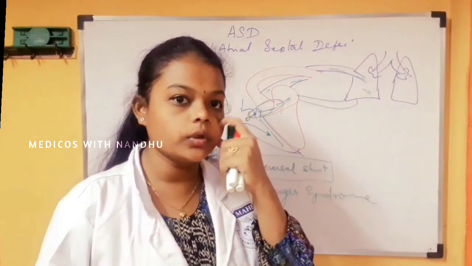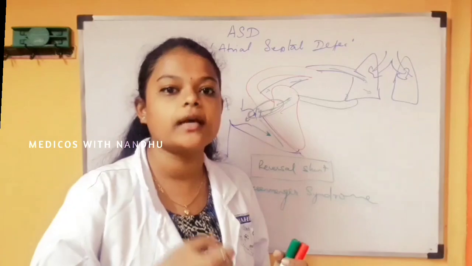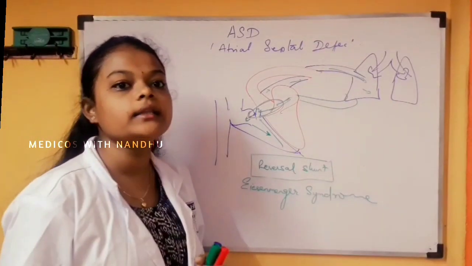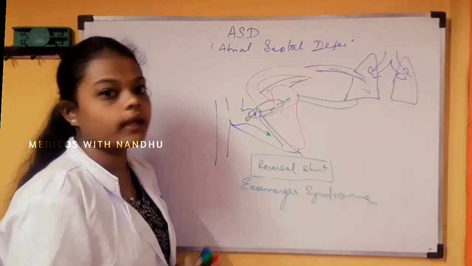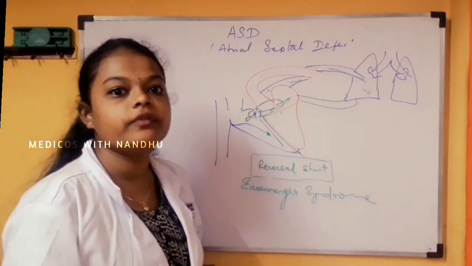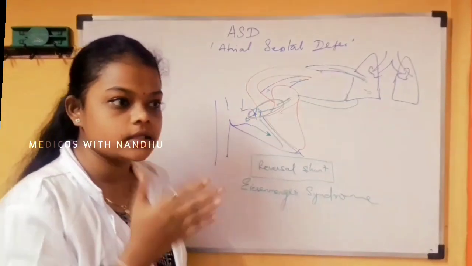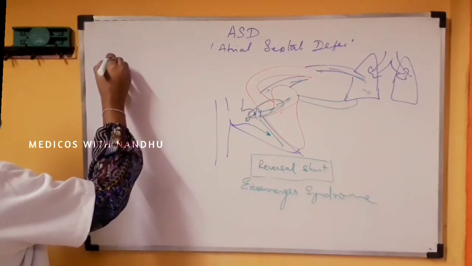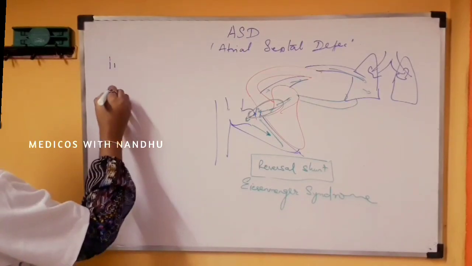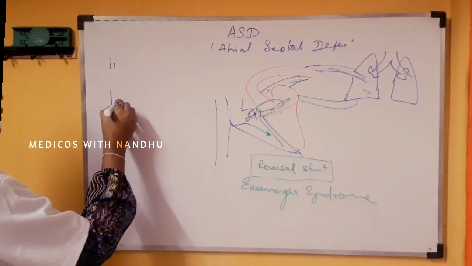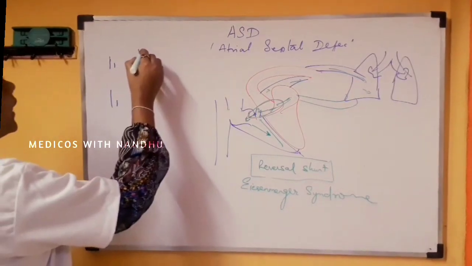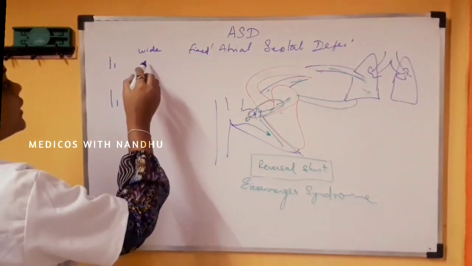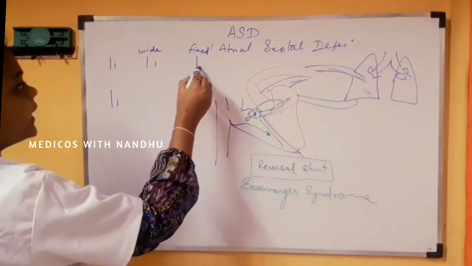When ventricular contraction happens, there will be a thrill in the vessels, as well as a wide fixed splitting of the second heart sound. Normally, expiration will occur like this and inspiration will be like this. Here this is wide and this is fixed.